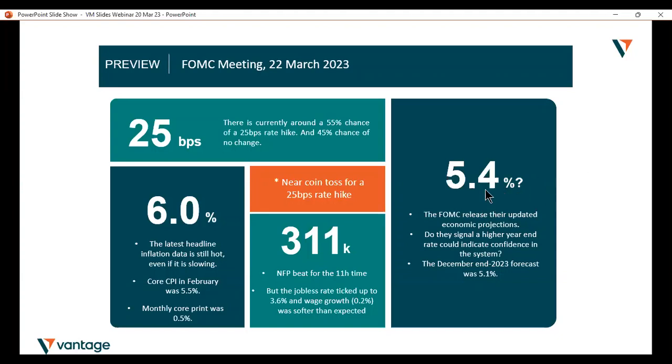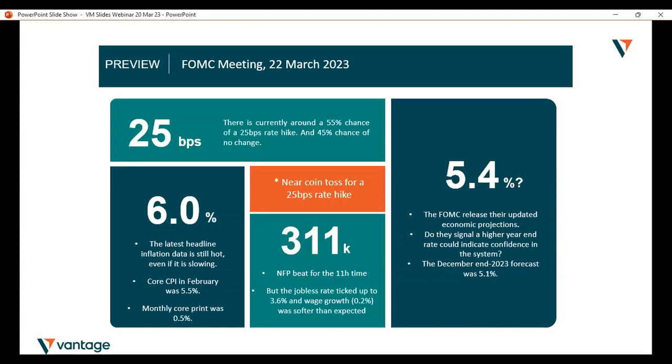We will get the latest Fed projections, so that's a dot plot for the FOMC officials. It will be really interesting. We haven't had it since December, and if you remember, the peak terminal rate went up to 5.1% in December, and I think a lot of economists are looking at that moving higher, which will be really instructive for risk markets, because it's basically saying that the Fed expect rates to move higher from where they are currently.